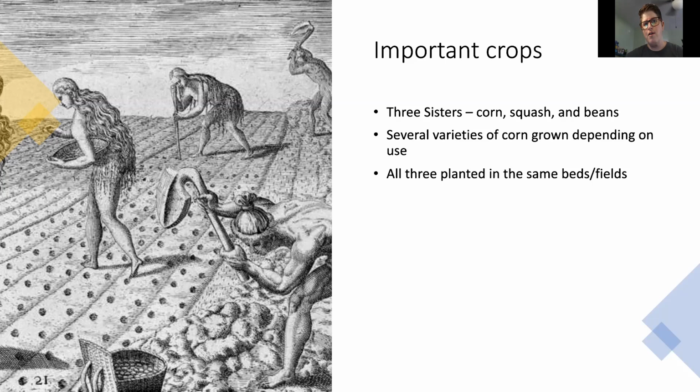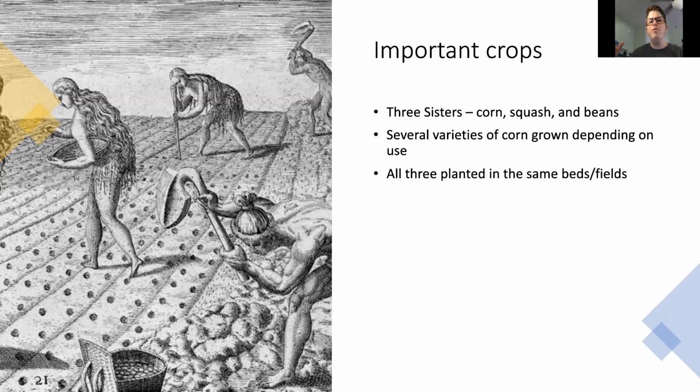This was another thing that Europeans had a very hard time with. Europeans plant things in very neat rows, separate crops, separate fields. We do this the same today as well. So let's say if you're driving through Hastings, where there's a bunch of farm fields, each field is going to be a different crop, and they're going to be in nice little straight rows.